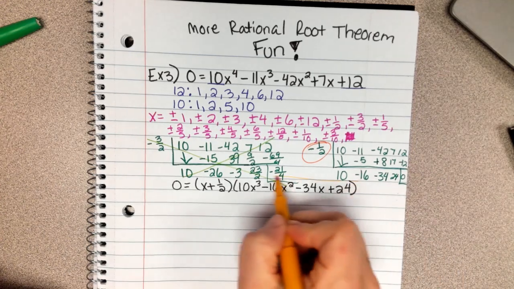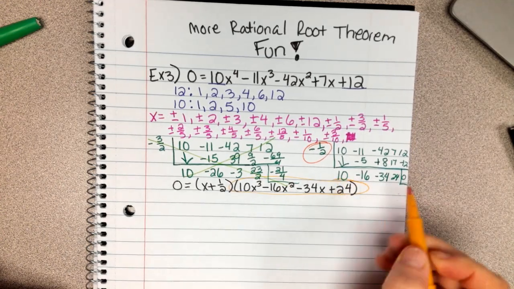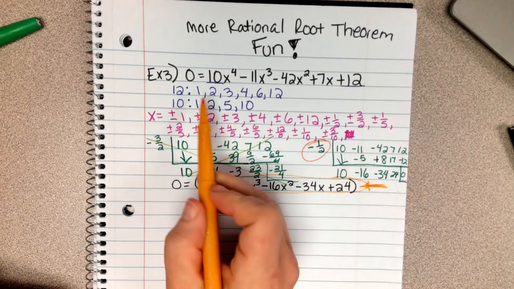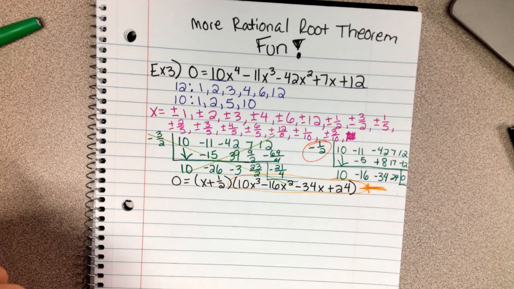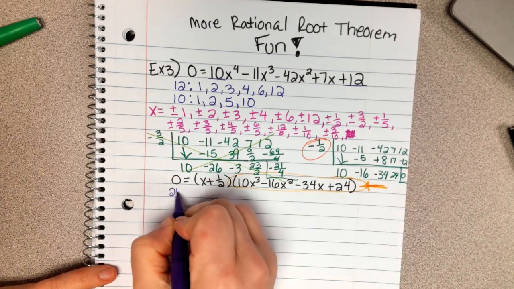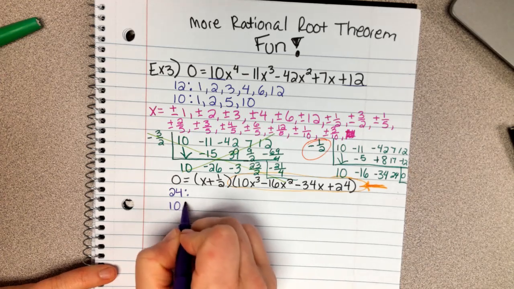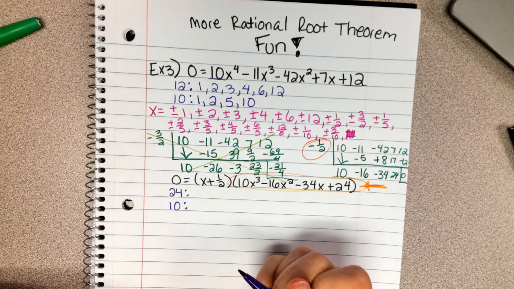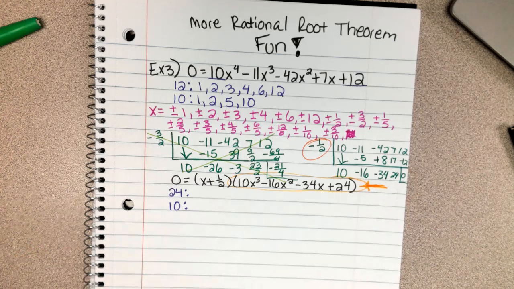I'm doing this without regard to the first polynomial. All right. So I need all of the factors of 24, and I need all the factors of 10. Okay, so go ahead, take a minute.